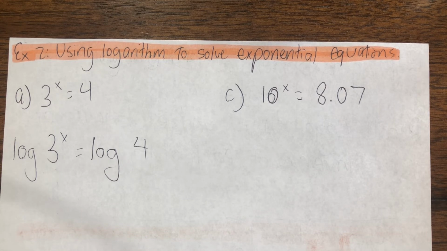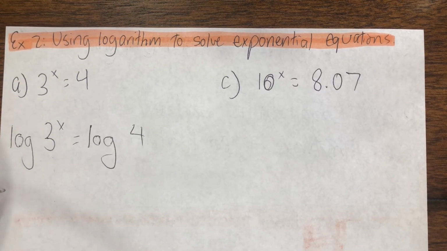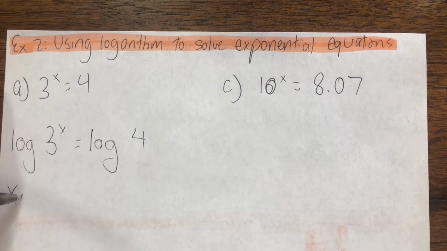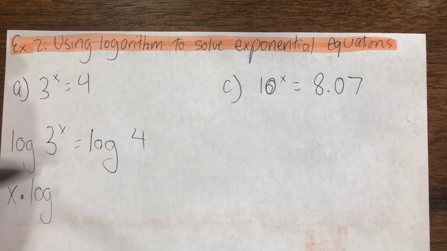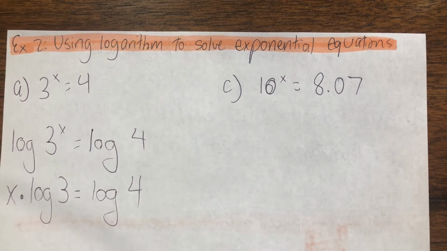Now, even though we were able to put log on both sides, we still have x as an exponent. But if we recall, there's a property for logarithms where we can move the exponent to the front, which is the power property. So all I'm going to do is move x to the front. So it turns into x times log of 3 equals log of 4.